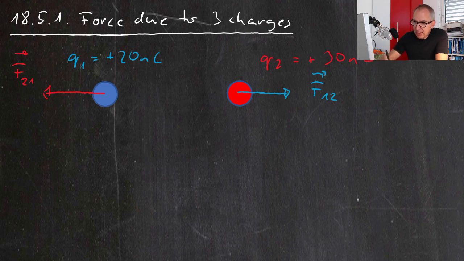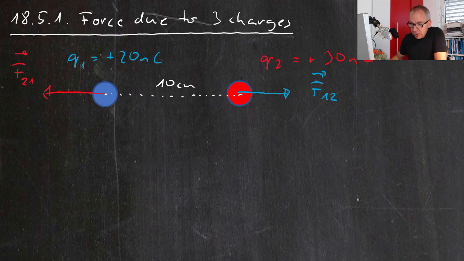If we know the distance, we could also get the magnitude. Let's assume this is 10 centimeters in between. Then we can use Coulomb's law, fill in the numbers and get the amount or the magnitude of the force. We will do this in an example later on.